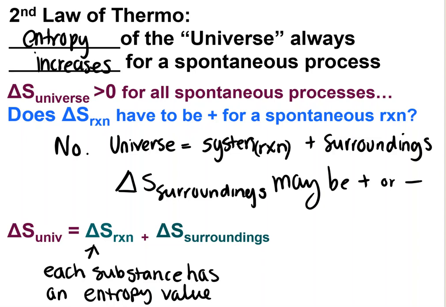So substances all have entropies, just like substances had enthalpies that we looked up. And so we'll look at the change in the entropy for the substances. And then for this, the change in entropy for the surroundings, that is due to heating or cooling.